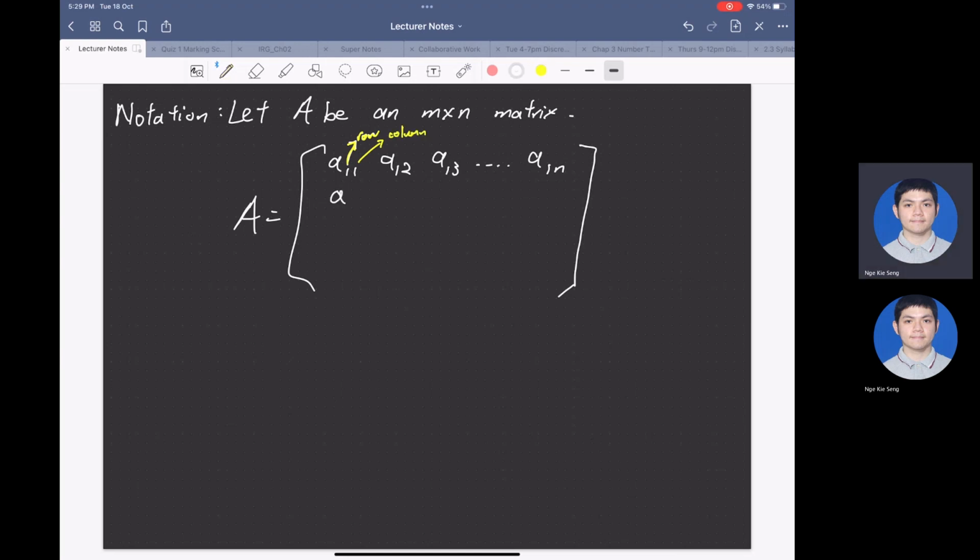Then A21, A22, and going down A31, A41, and so on, until you reach the bottom, Am1. On the diagonal, you will notice a repeating pattern.